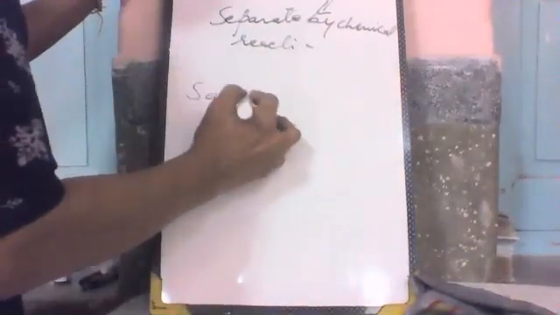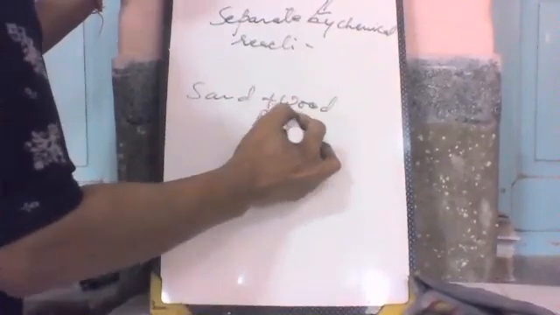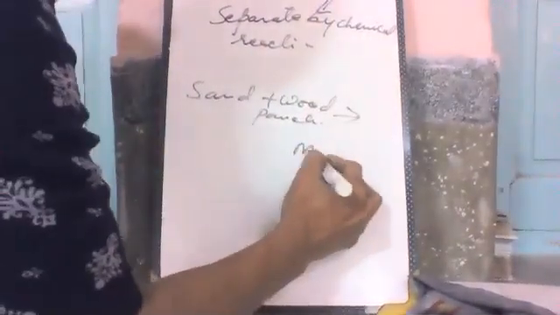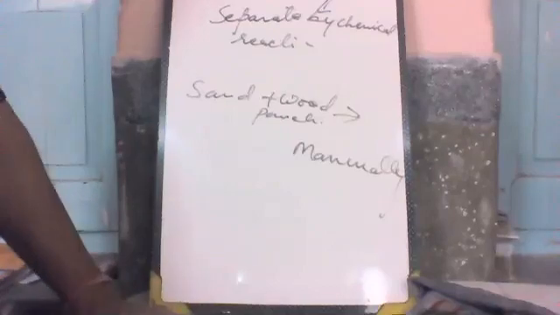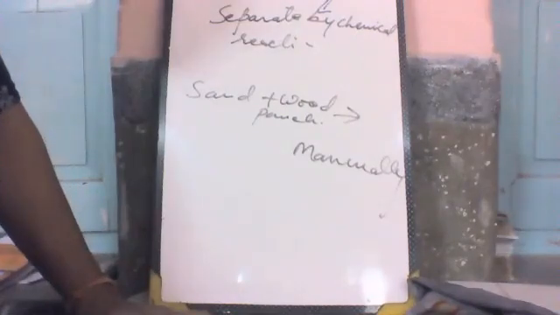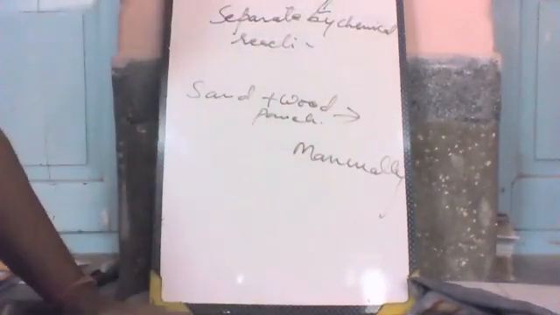But sand and wood powder we can separate manually, by hand picking, by sieving or by winnowing. The substances in a mixture can often be separated easily or manually. Compounds have definite composition, their own composition, but mixtures have variable composition. It has different composition.